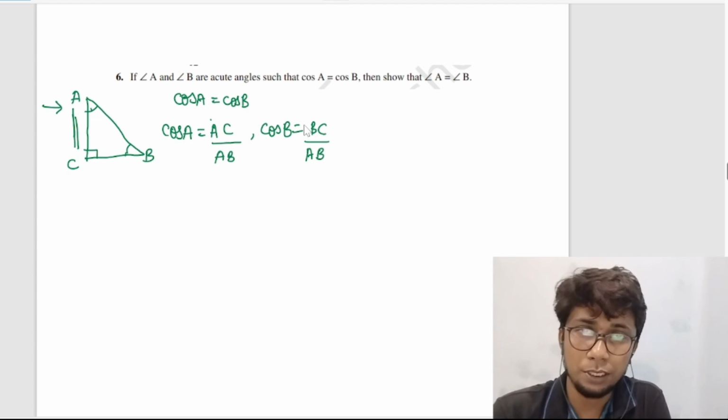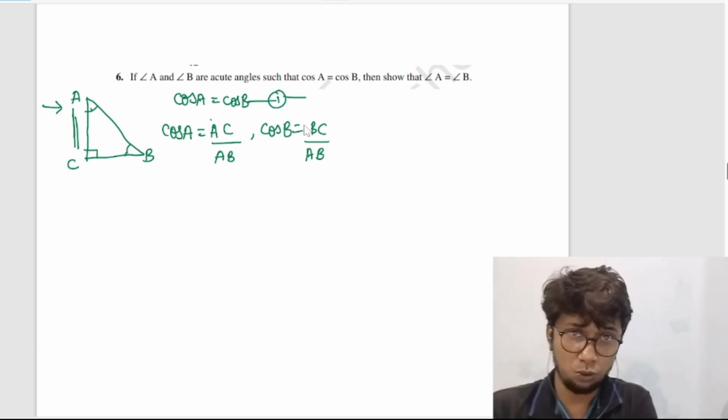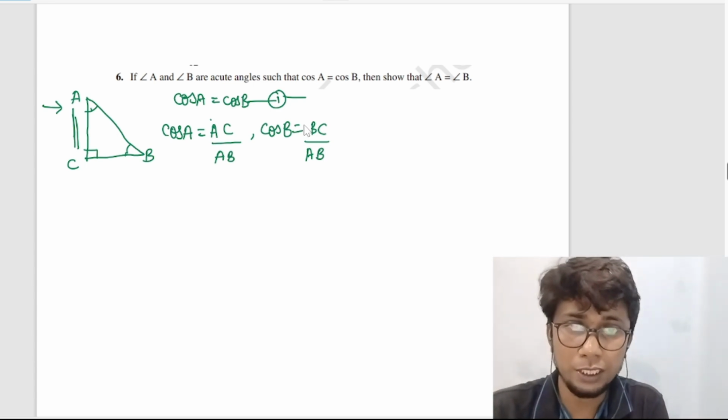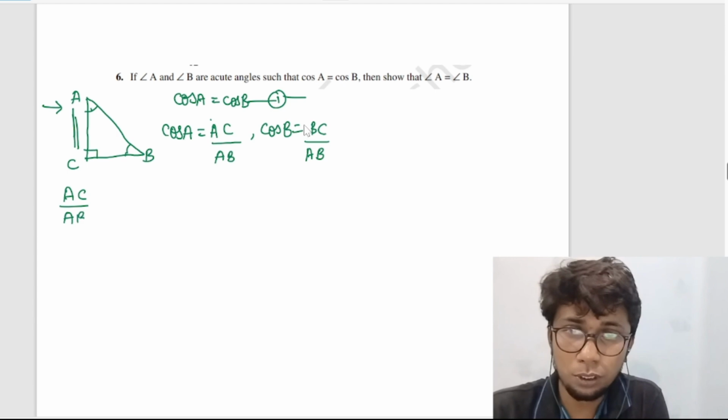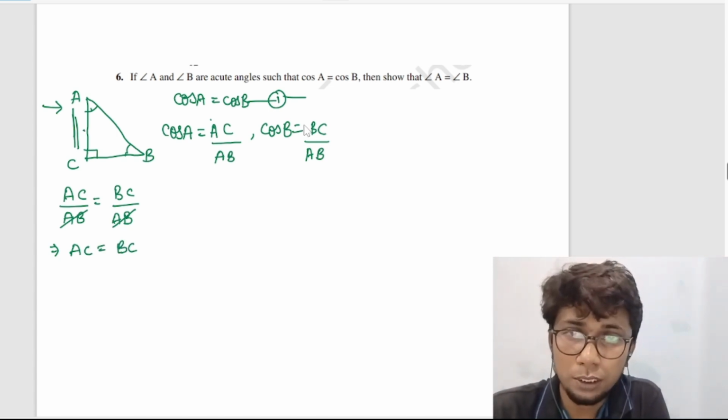Now according to the question, we are given that cos A is equal to cos B. So we can say that AC upon AB is equal to BC upon AB, right? So we can cancel AB and AB. This gives you AC is equal to BC.